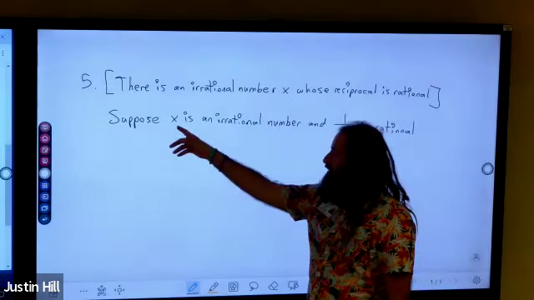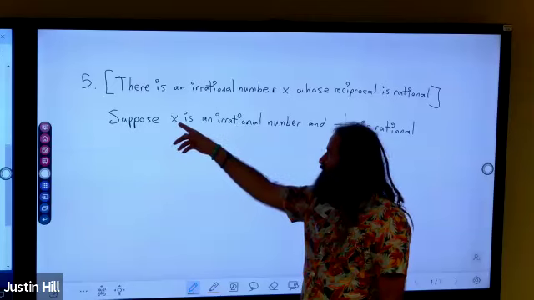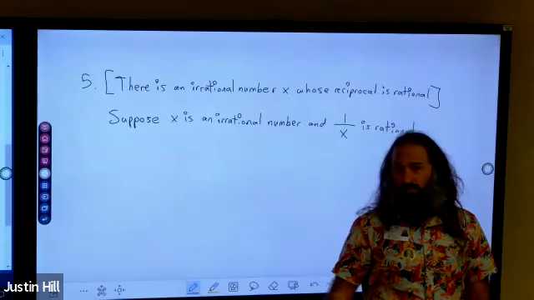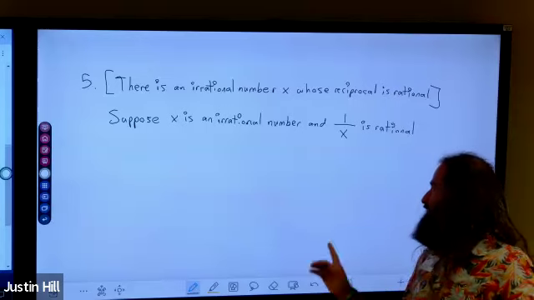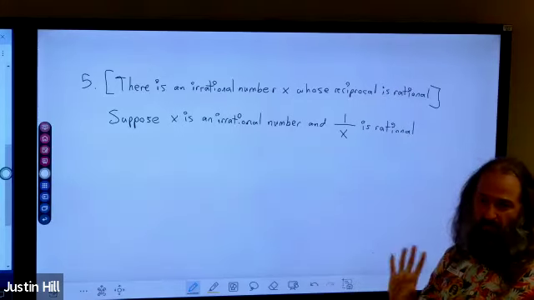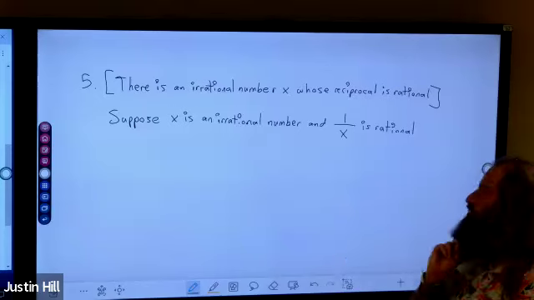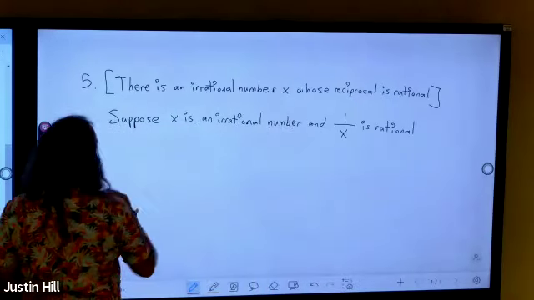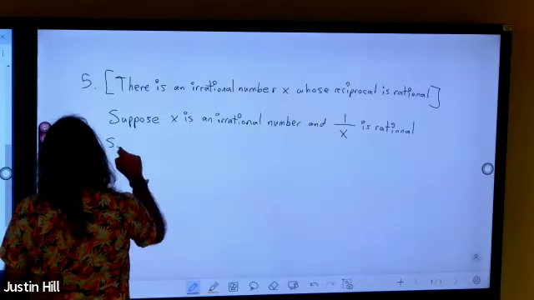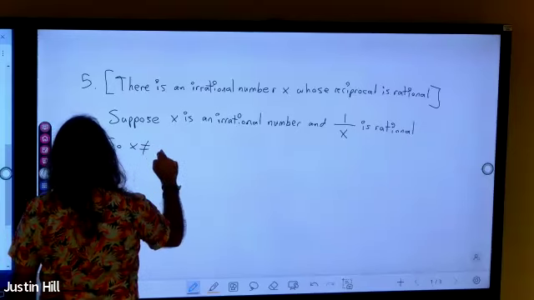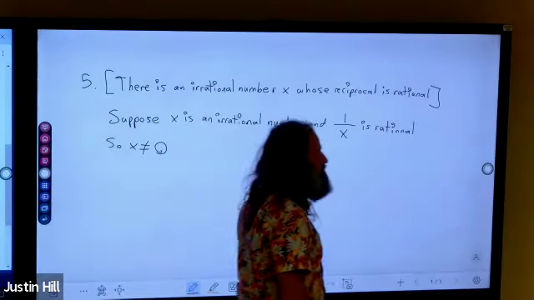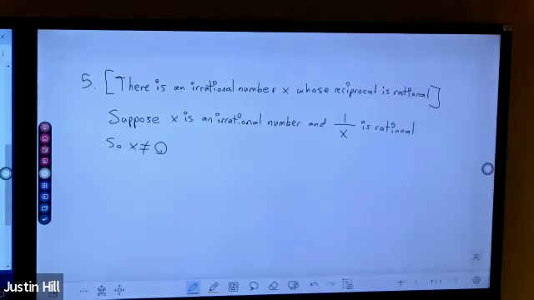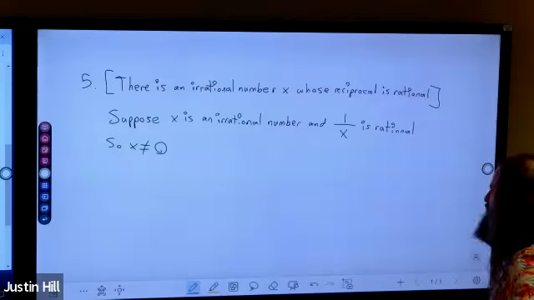Another way we know that it's not 0 is that we say, suppose x is an irrational number. Well, 0 is a rational number, so by saying that x is irrational, I've already intoned that it can't be 0. But I might want to make that point. So x can't be 0. Actually, sorry, maybe we need that for the contrapositive version of the proof, but maybe we don't need that for this version.